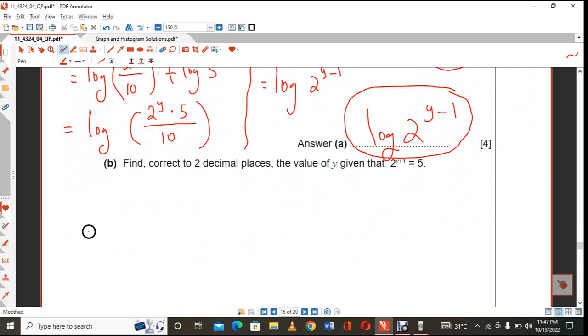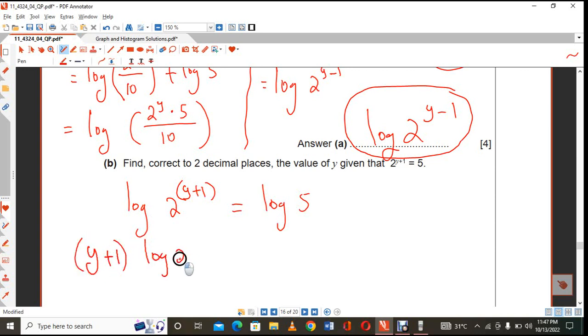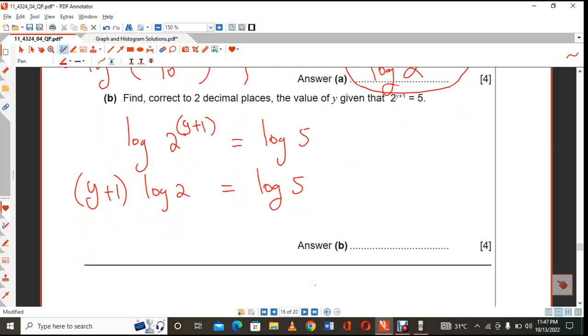Find y correct to 2 decimal places, so this is totally something else. You are supposed to take log both sides, so you're going to say log 2 raised to the power y plus 1, put that expression in brackets, equals log 5. Log 5 is the calculator value. Then use the power law, you say y plus 1 in front of log 2 equals log 5. Next, you divide throughout by log 2, okay, because you want to isolate.